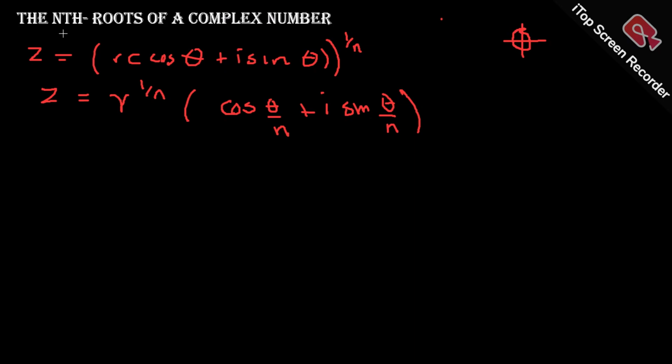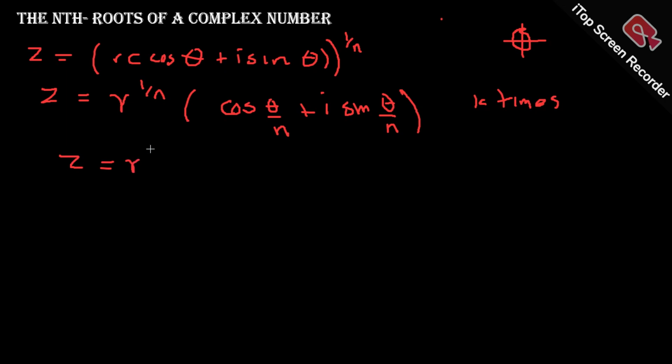So when talking about the nth root, you're going to be using that concept where you add 360. So even if we add 360 multiple times, let's say k times, we'll still be getting the same angle but a different digit.